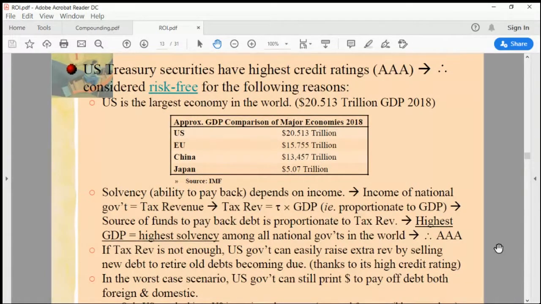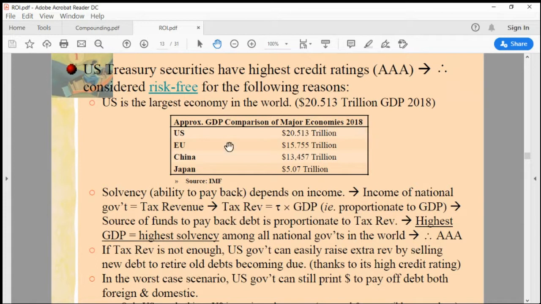Which government has the highest tax revenue? Of course, the government of the country whose GDP is the greatest. And who has the highest GDP in the world? U.S.